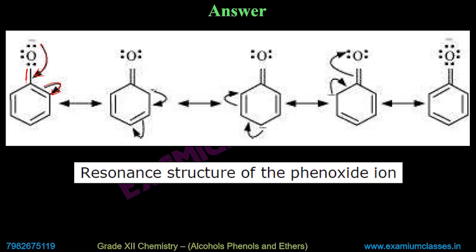When this bond breaks, you have both the electrons here. These electrons now move to the next bond and form a double bond here. When the double bond is formed here, this carbon cannot have five bonds, because the hydrogen is there, which is not written here. So this bond breaks.